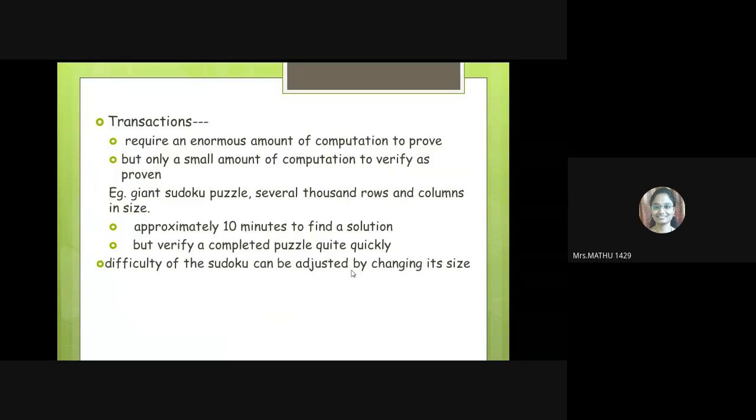And this transaction verification requires an enormous amount of computation. In the previous class, I think we discussed the Sudoku puzzle. The difficulty of the puzzle keeps on increasing.